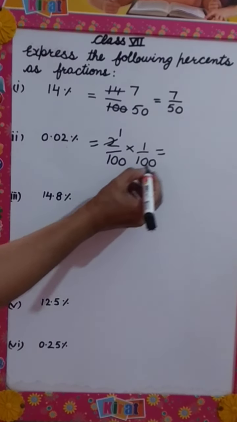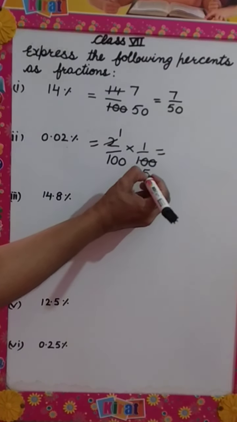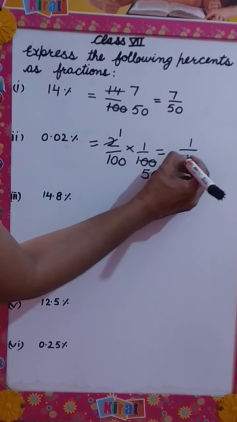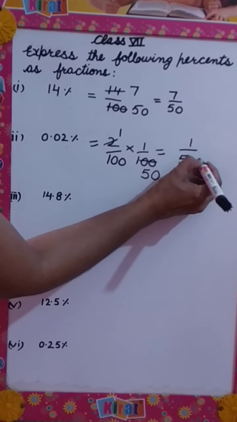Two ones are 2, 2 5s are 10, 0. So this is 1 over 5,000.